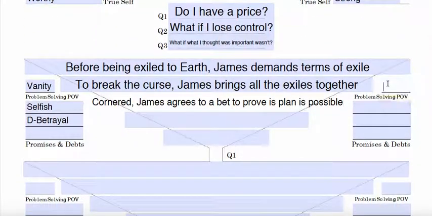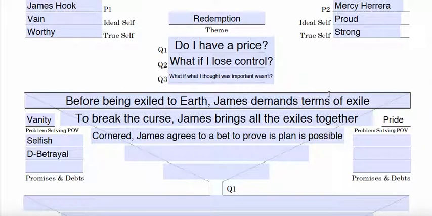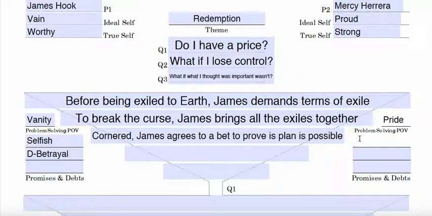Now, once she is cornered by James, she starts solving her problems from her ideal self, which is a place of pride. And that's what she acts out of when he starts to try to make amends. This allows us to see her beginning character traits, those deep emotional seeds of hers, of being controlling, trying to control the situation.